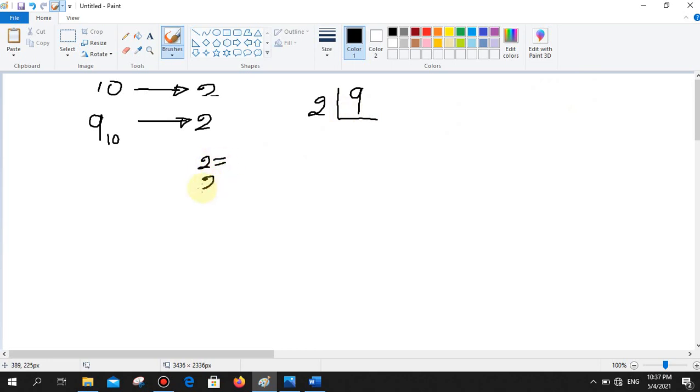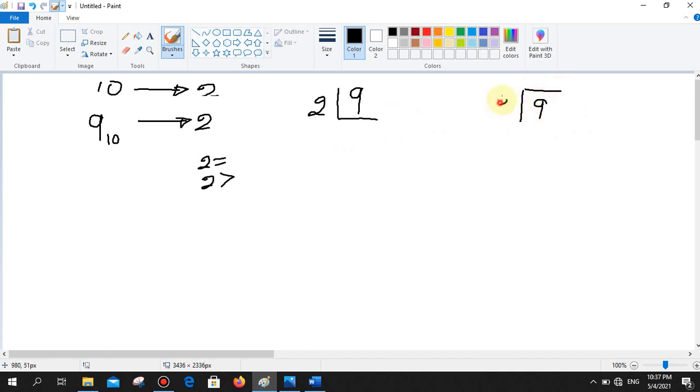The simple rule you can use is: whatever the number is, if it is equal to or greater than 2, we need to divide. To make it simple to understand, on this side I will do a small rough work.